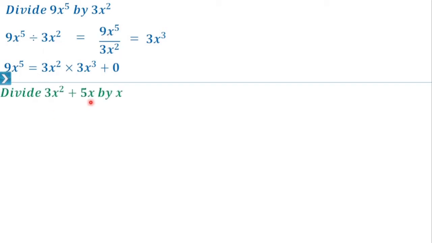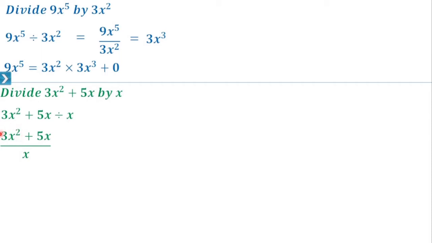Now let us divide 3x square plus 5x by x. Divide binomial by monomial. We have to divide each term of the numerator by the denominator. x is common denominator for both the terms.